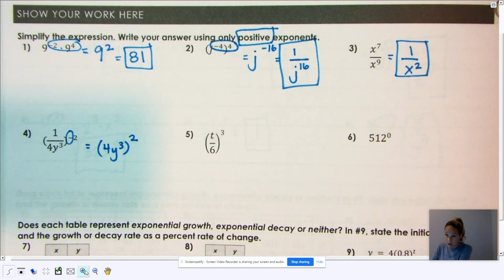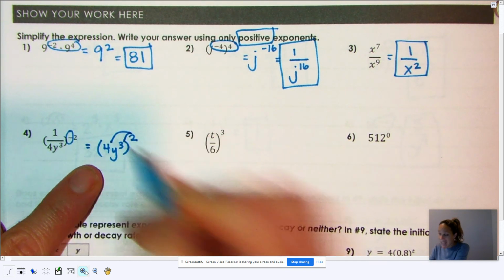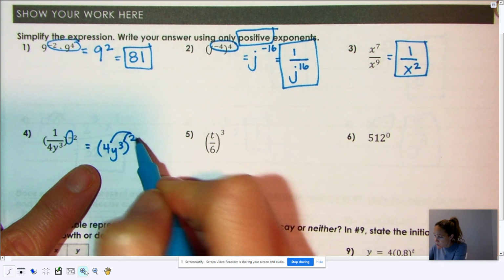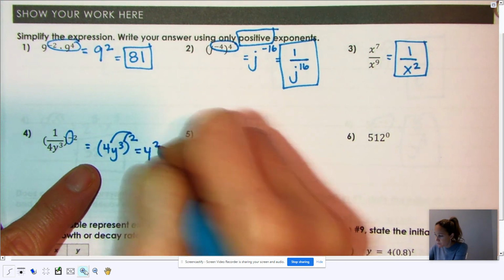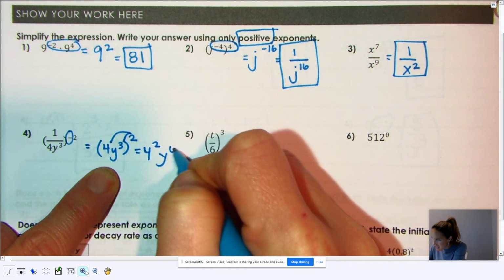Now remember that this exponent gets multiplied by every exponent that's in there. Even though you can't see the exponent on 4, it has a little imaginary 1 that we don't write. We've got 1, 4, so we don't really need to write the 1, but it's there. So if I go 1 times 2, I have 4 to the 2, and then I do 3 times 2, and I get 6.